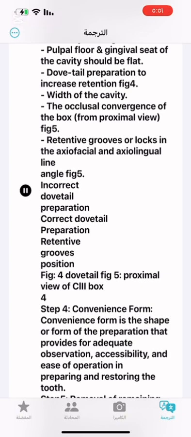The initial procedure in preparing the outline form of the proximal box is the isolation of the proximal enamel by the proximal ditch cut. Fig.